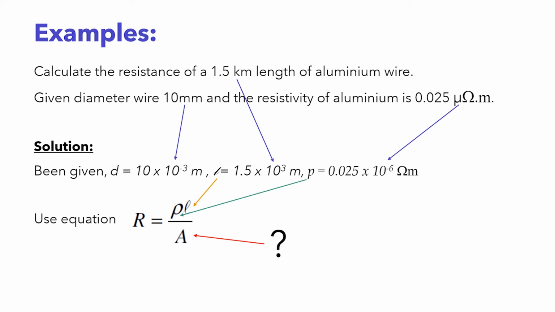As you can see, we have the rho value, we have the length value, but we don't have the area value. We have been given the diameter, but we don't have the area.